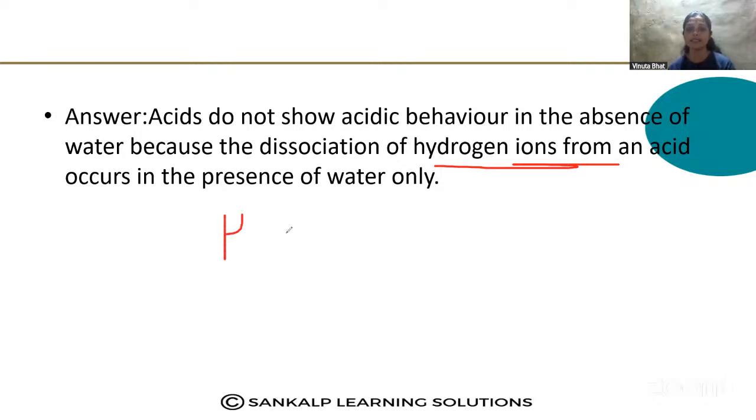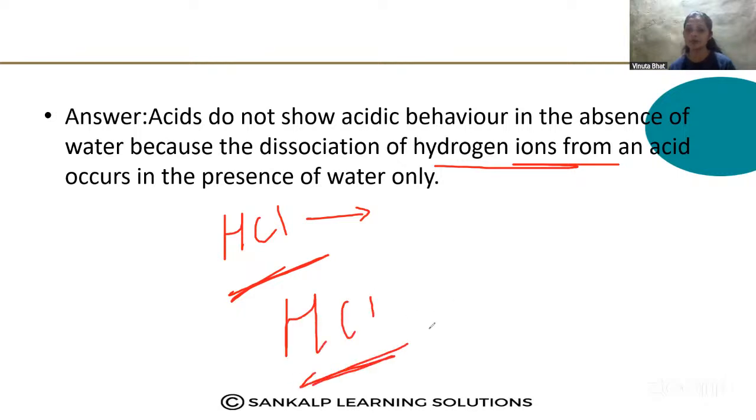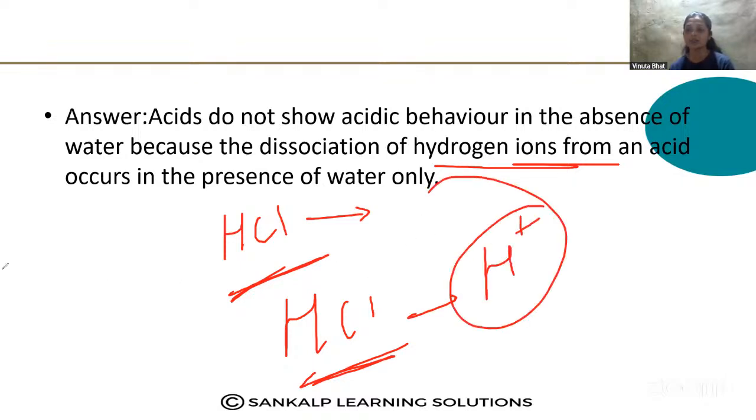For example, HCl gas is not able to turn blue litmus to red, right? So HCl gas is not able to show acidic behavior. But when HCl is an aqueous solution, which is in water, it is able to show the acidic character because it forms H plus ions. So that is very important.